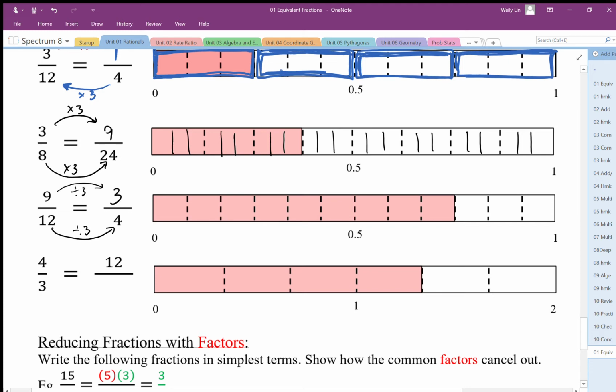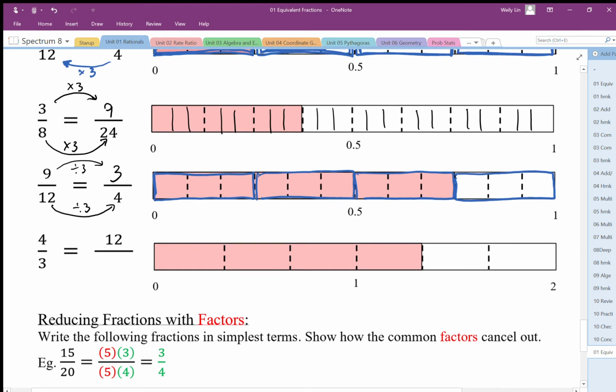So I end up with 3/4 as my new fraction. I'm going to do this in groups of 3 then: groups of 3, groups of 3, groups of 3. That makes my 9 parts into 3 parts. Another group of 3 makes my 12 parts into 4 parts.